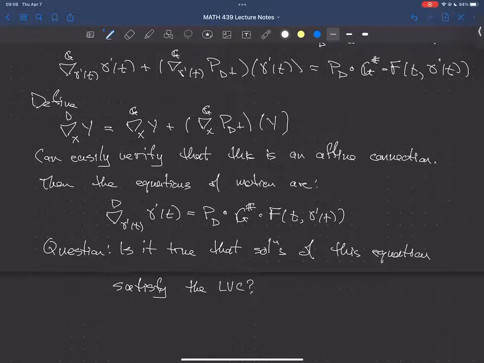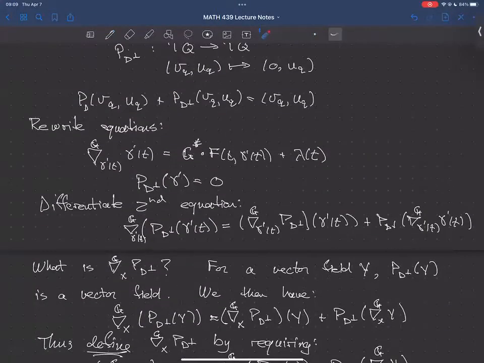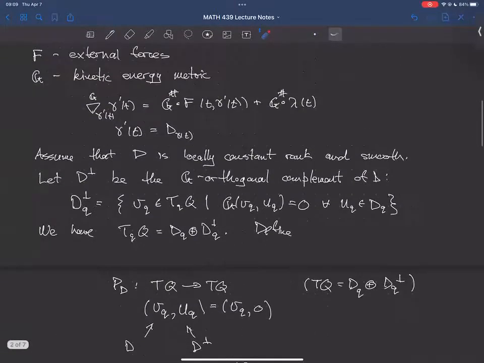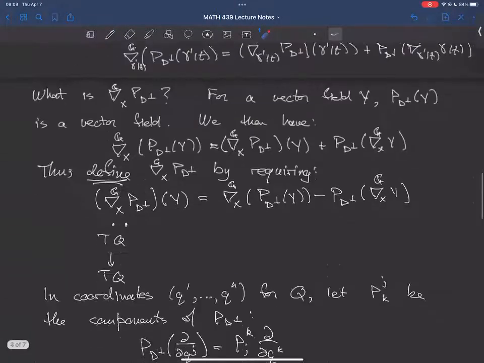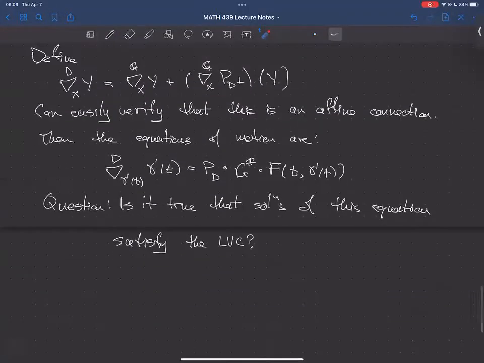It's not obvious in any way, because that is, after all, part of my equations of motion. It says that the linear velocity constraints must be satisfied. I wrote this in two different ways, and I've written this equation, but I still need to check that the linear velocity constraints are satisfied. I maybe will not do that and just tell you that it's true.